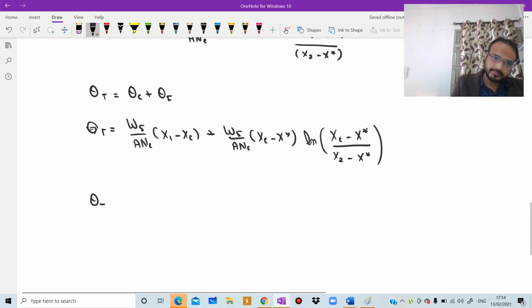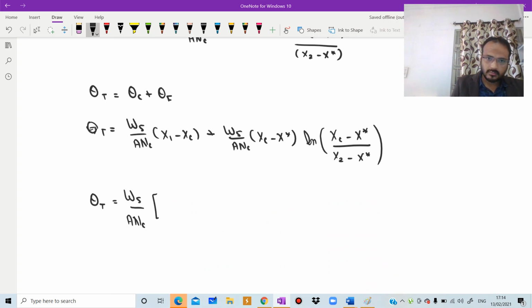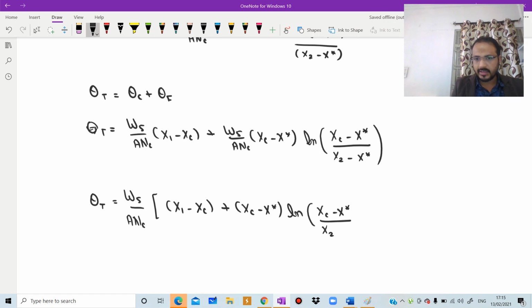Now we can take common: theta t is equal to Ws by A Nc times the bracket of x1 minus xc plus xc minus x star ln of xc minus x star divided by x2 minus x star.